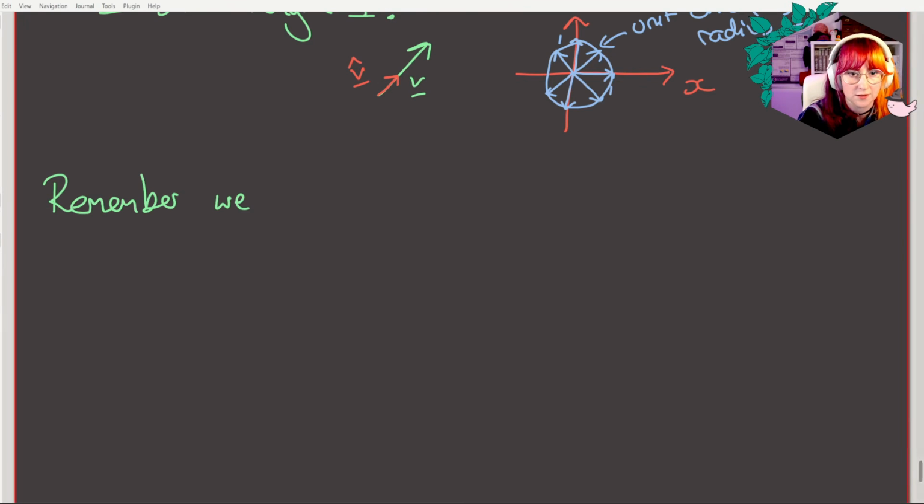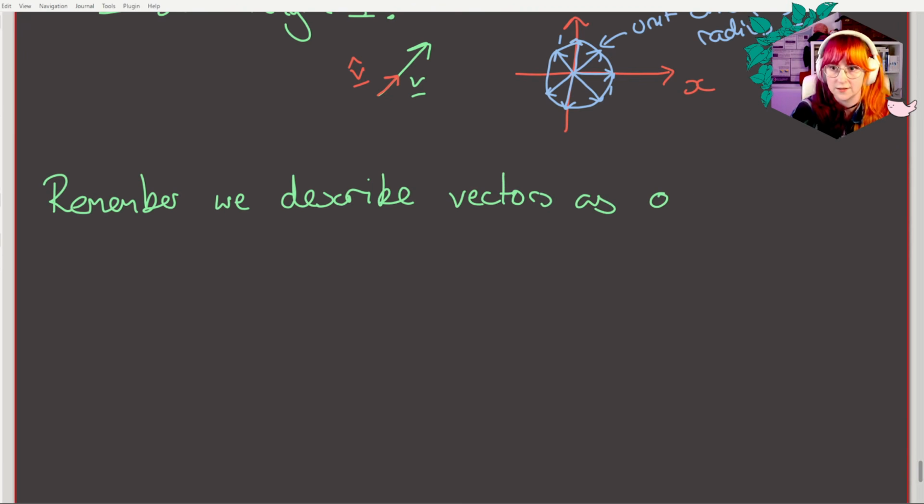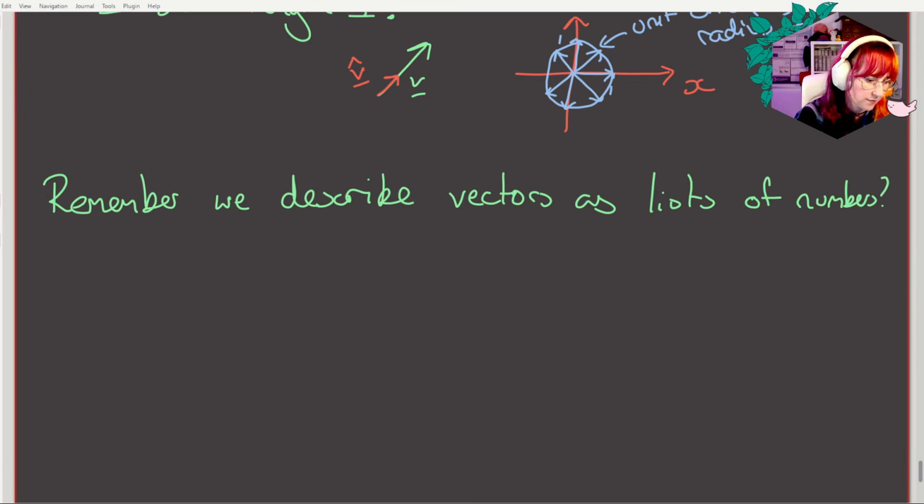Remember, we describe vectors as lists of numbers. So this is basically where linking vectors to coordinates is going to be really useful.